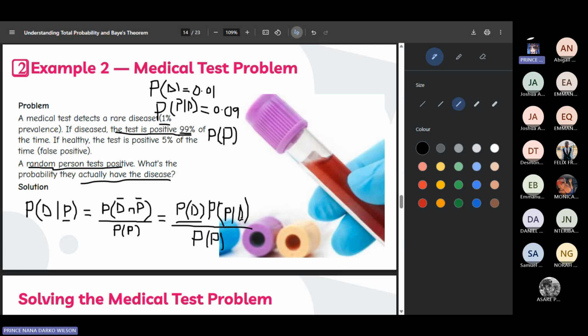So in order to find the probability of testing positive, we have to combine the probability of testing positive and having the disease, which we know to be the probability of D times the probability of testing positive given D.